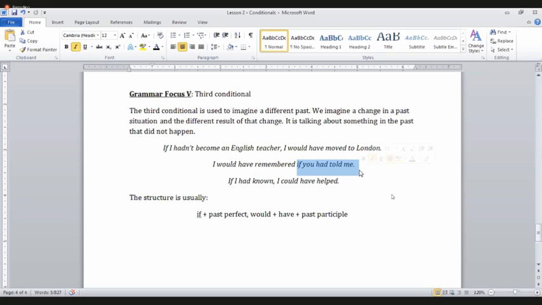From the if clause, can you tell me whether this person had known? If you had told me, has this person told this story or not? Does this person know the story or not?